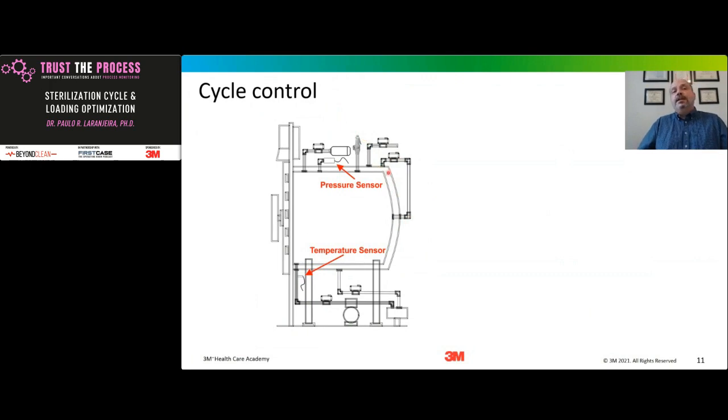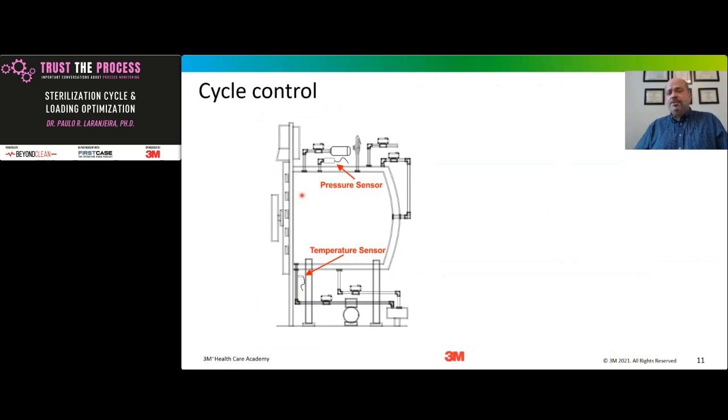When steam goes inside of the chamber, it is in the gaseous phase, and when it loses temperature, it is going to condense, and that condensate is heavier than gas and is going to go out through the drain. So the idea is to have the temperature sensor at the coldest spot. The coldest spot is going to be the drain, because that's where the condensate is going to pass through. That's why the temperature sensor is placed in the drain.